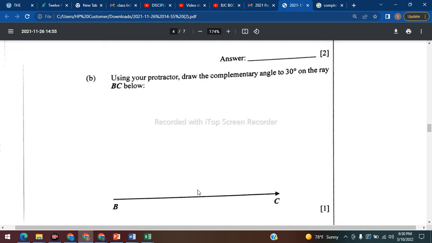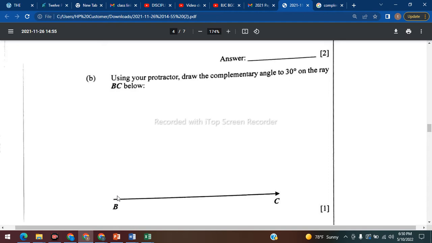Not 30. We want to draw the complementary angle to 30. 60? 60, very good. Because the complementary angle of 30 is 60. So we have to draw a 60-degree angle on BC.